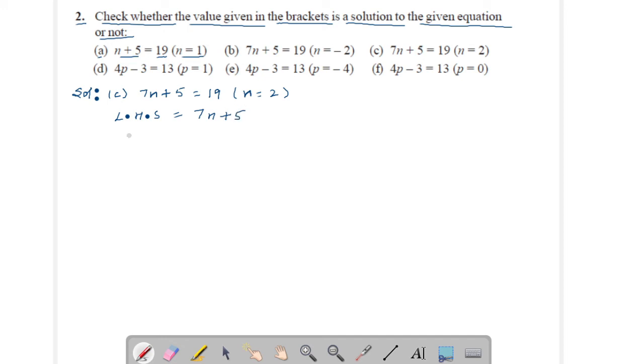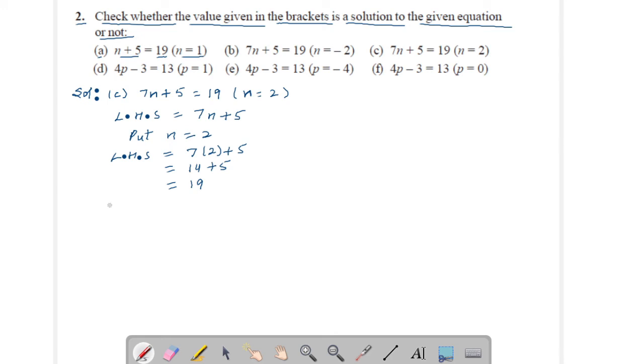Put n equal to 2. What will you get? Left hand side, here replace n by 2, plus 5. What will you get? Open the bracket. 7 twos are 14, plus 5. 14 plus 5, it is 19.